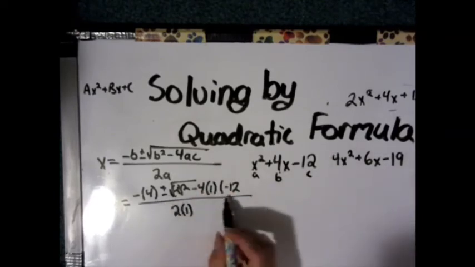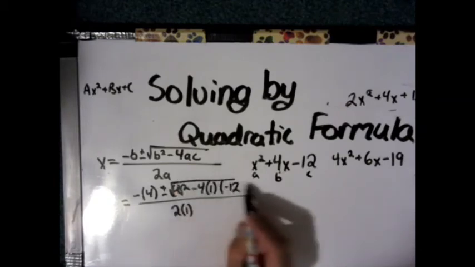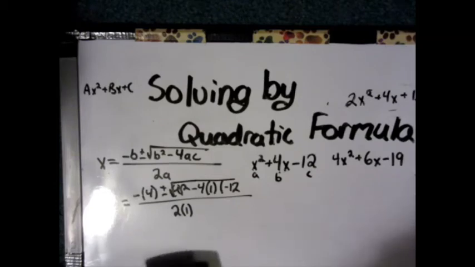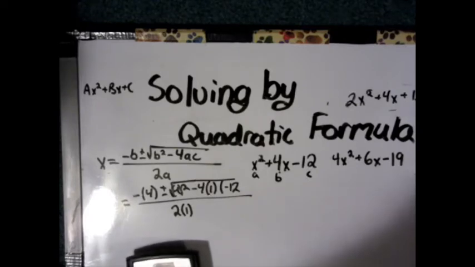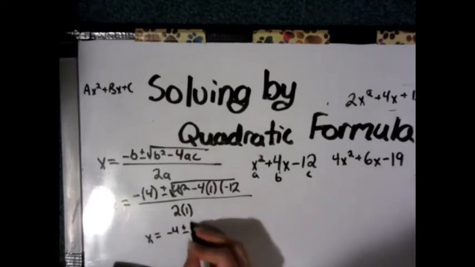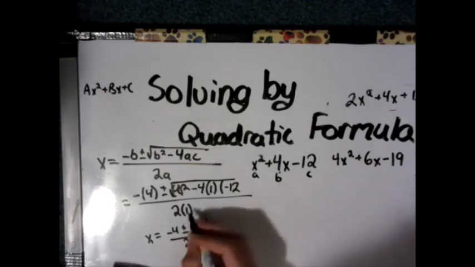Alright, and then from here you're going to want to solve out this portion, the square root portion, on your calculator. I get 64, so x equals -4 plus or minus 64 over 2. I just simplified that.